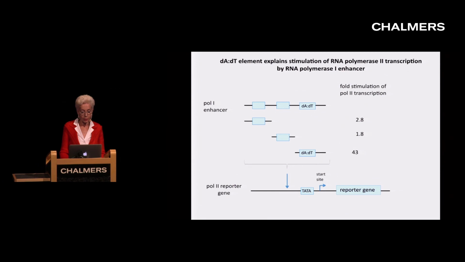We observed that the RNA polymerase I enhancer contains binding sites for proteins indicated here by blue boxes, and also the A-T element. We placed each sequence separately in front of a gene transcribed by RNA polymerase II and found an enormous stimulatory effect of the A-T element.